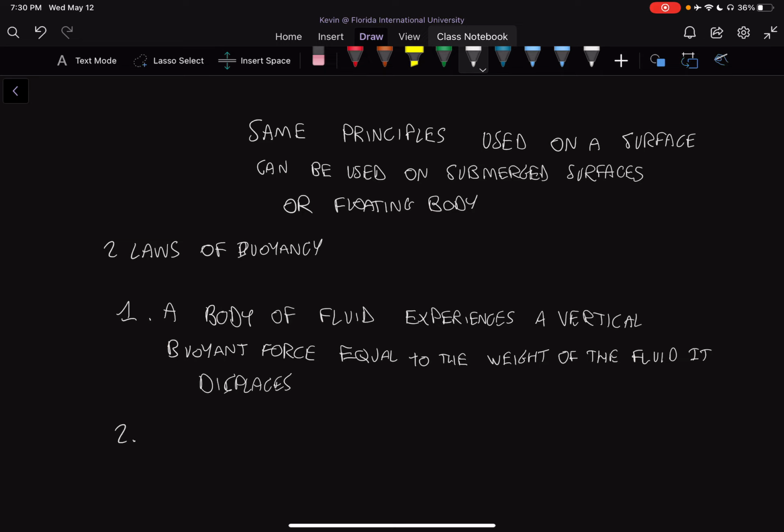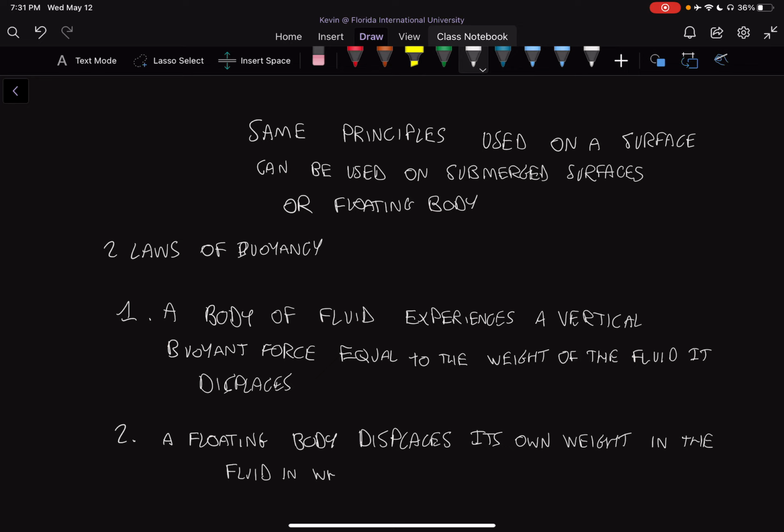The second one states that a floating body displaces its own weight in the fluid in which it floats.